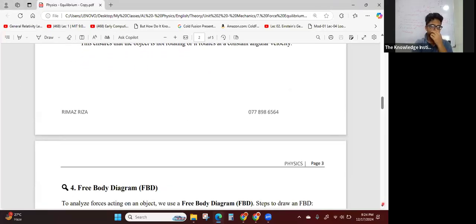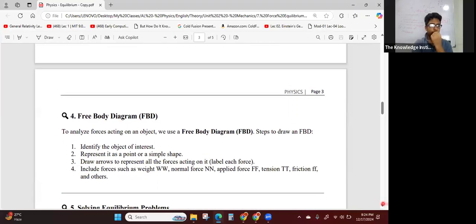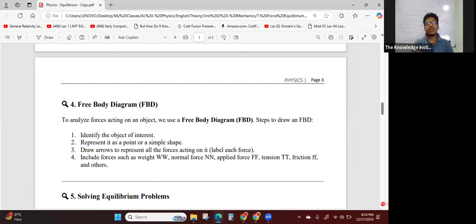Now say you are going to solve problems where there is an object in equilibrium, and you are supposed to find the normal reaction force or the tension acting on it. Let's say something is hanging from a spring and you want to find the tension. The first thing you have to do is draw the free body diagram accurately. You identify the object of interest and represent it as a point or simple shape.